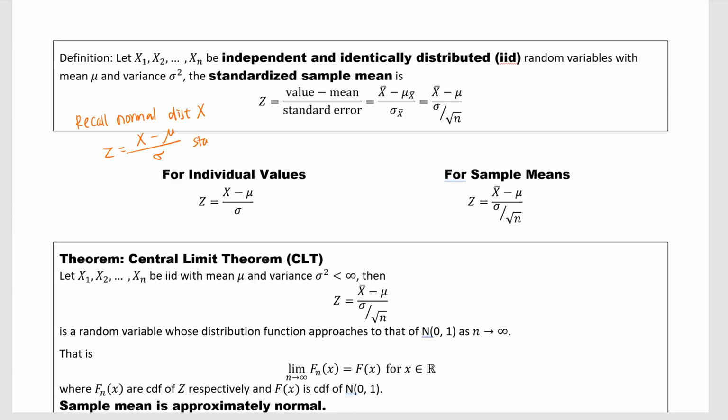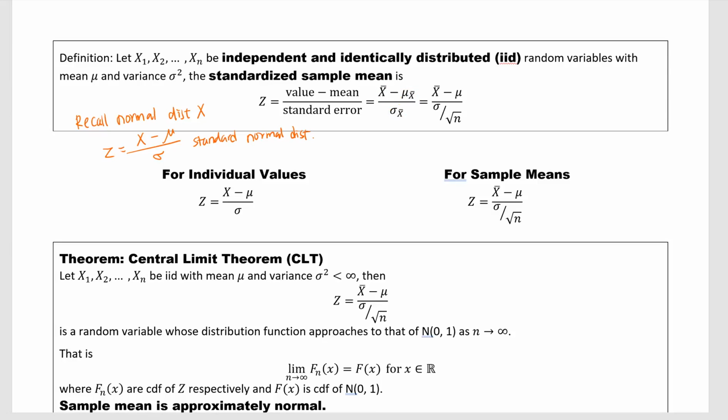So this is the standard normal distribution. How do you standardize a random variable? You take that random variable minus its mean over the standard deviation, and that's the standardized random variable.